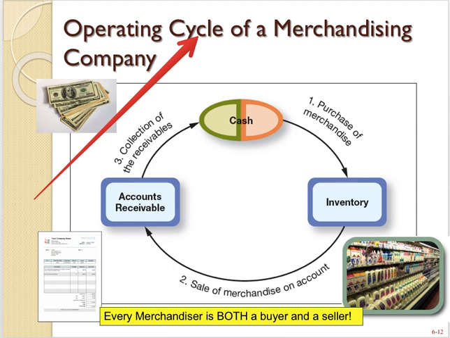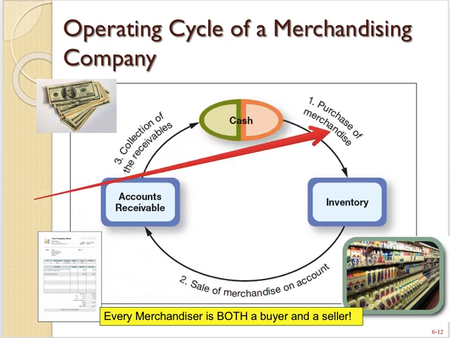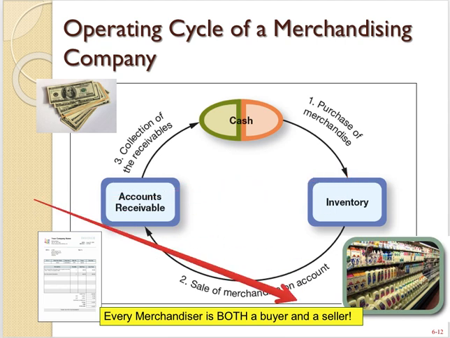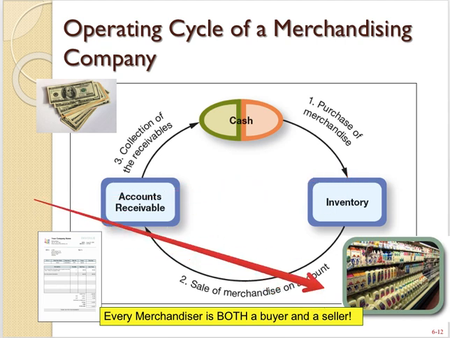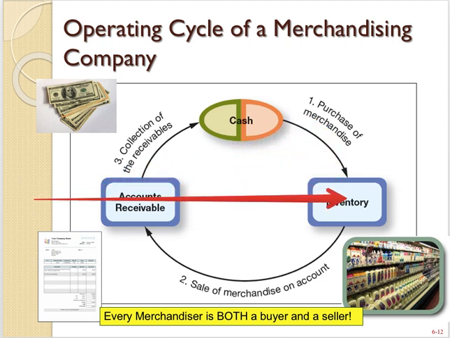What that means is that every merchandiser both buys and sells inventory. They're a buyer of inventory when they first purchase it in step 1, and they're also a seller of that merchandise in step 2 when they sell it to their customer. So the two main types of transactions that a merchandiser has to deal with are the purchase of inventory and the sale of inventory.